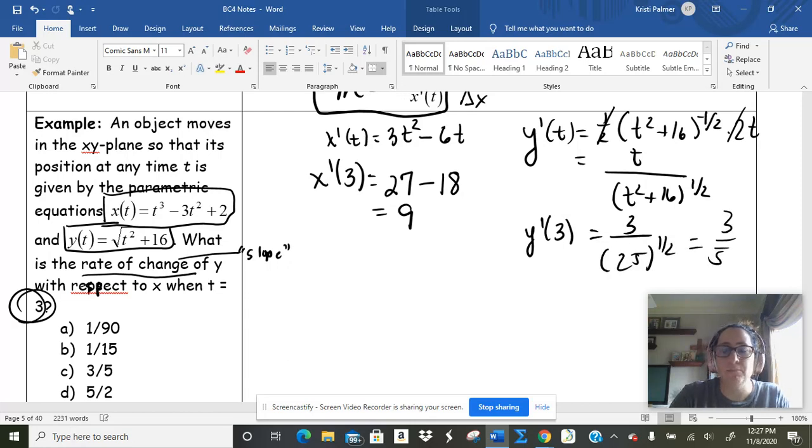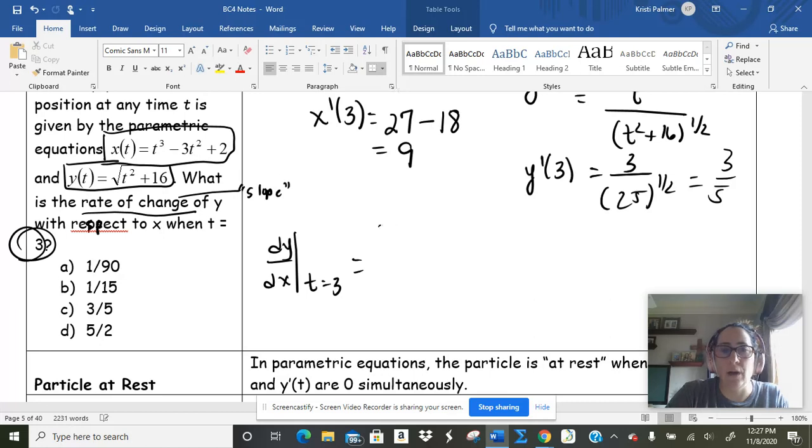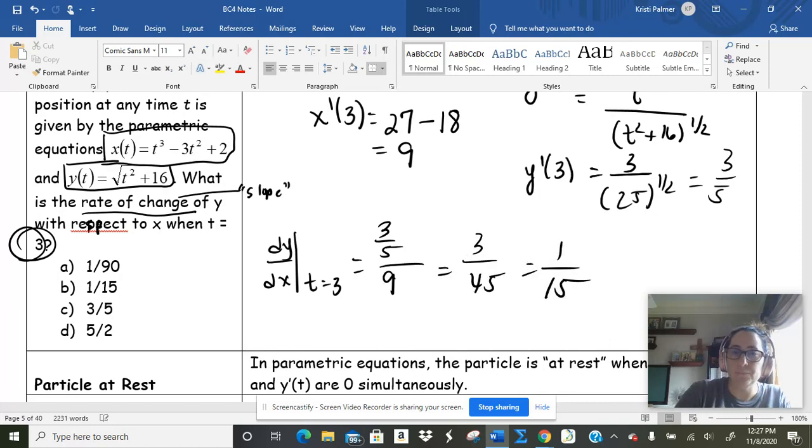So 3/5. So now my entire slope when t is 3 is that y part over that x part. And feel free to reduce it if you'd like. I guess we kind of have to if we're going to match on the multiple choice, and we get B.